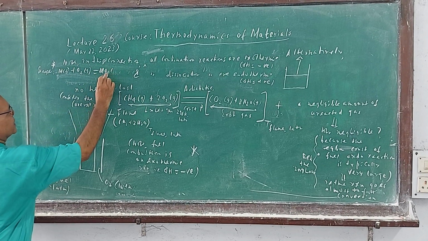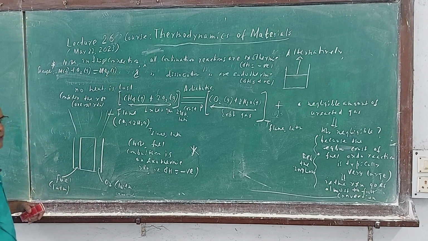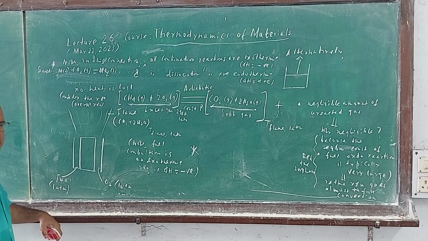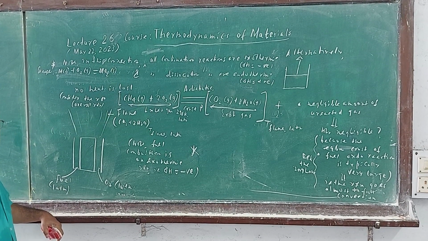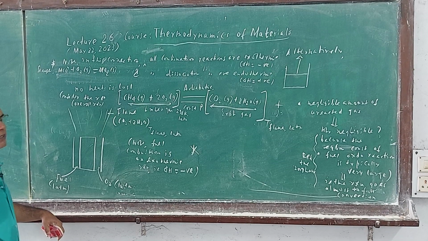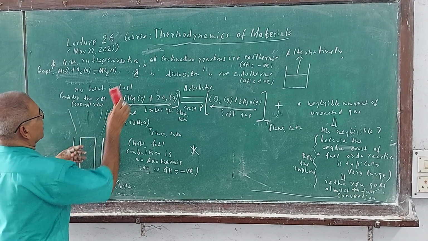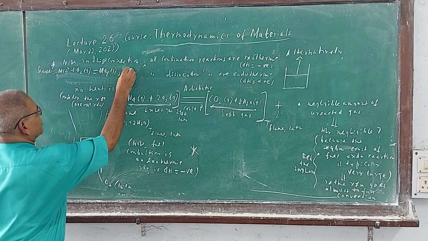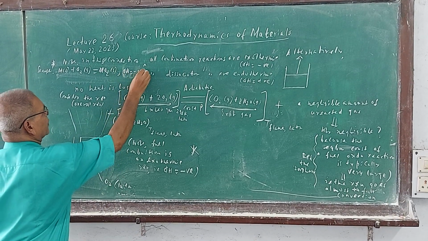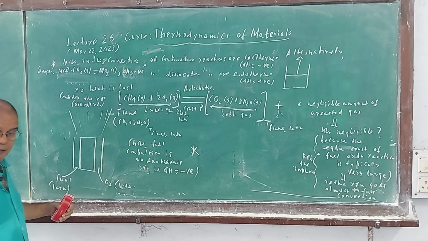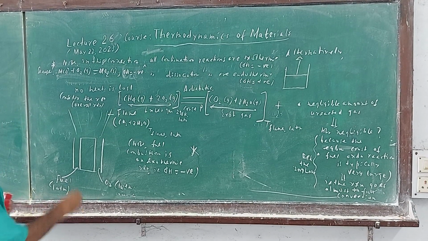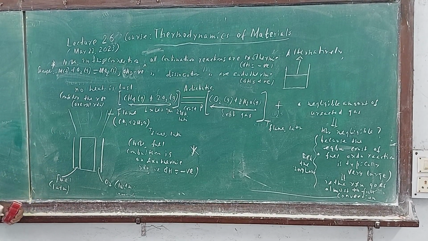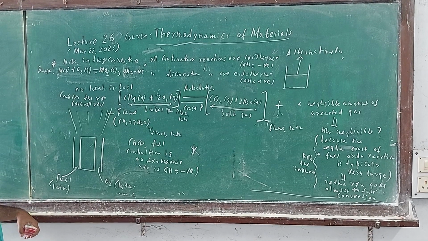If I ask you what the sign of delta H is here, what will be your answer? Delta H is the enthalpy change, negative. So I'll write it short: delta H is negative forever. Remember this principle, very useful. And what is the opposite?